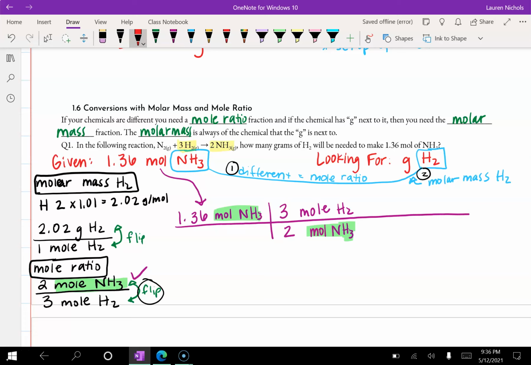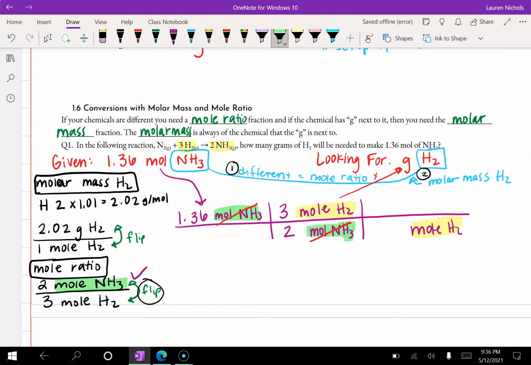And I see that these units are going to cancel out and leave moles of hydrogen. Well, that does not match what I'm looking for. So that means I'm not done yet, because I still have one more fraction that I need to use. So I set up another line, and the pattern still repeats itself: moles of hydrogen needs to be at the bottom.